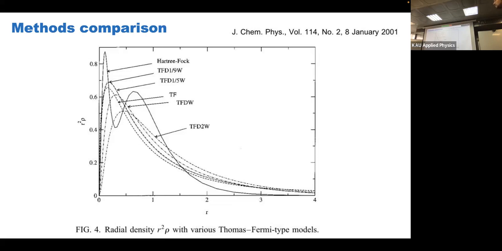Hartree-Fock, by the way, shows rather good results. So even now some people use Hartree-Fock, and I will tell you later about hybrid functionals. Hybrid functionals take some part from density functional theory and some part from Hartree-Fock. So Hartree-Fock is a rather good method.